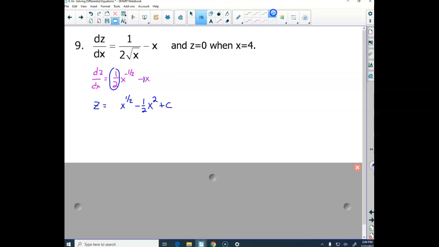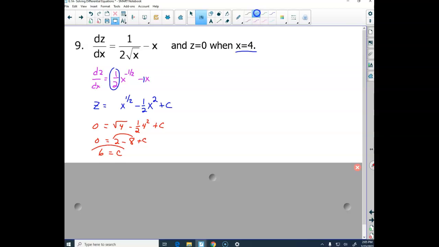Now I'm going to use x is 4 when z is 0. If z is 0 when x is 4, that's really the square root of 4 minus 1/2 of 4 squared plus c. That gives me 0 equals 2 minus 8 plus c. So this gives me negative 6, so c must be positive 6.